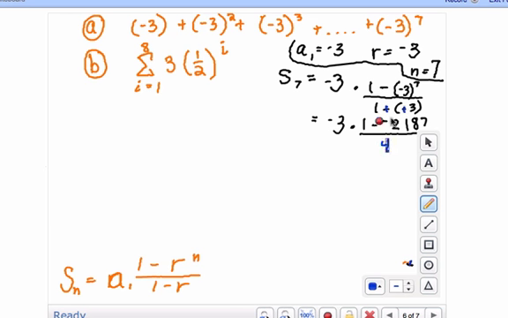We can do the same thing here with a minus a negative, and so you're going to end up with negative 3 times 2,188 over 4.